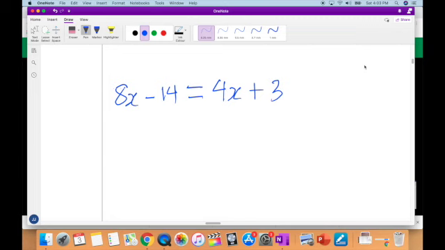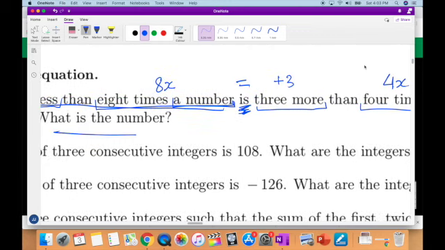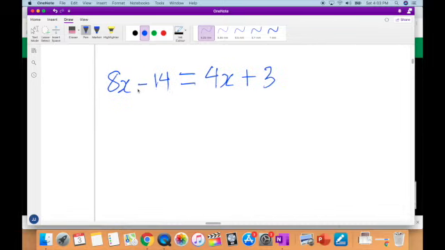So you didn't see here 8 times a number. That means 8 times a number. Yeah. Right, 8 times a number. English is a hell of a thing though.